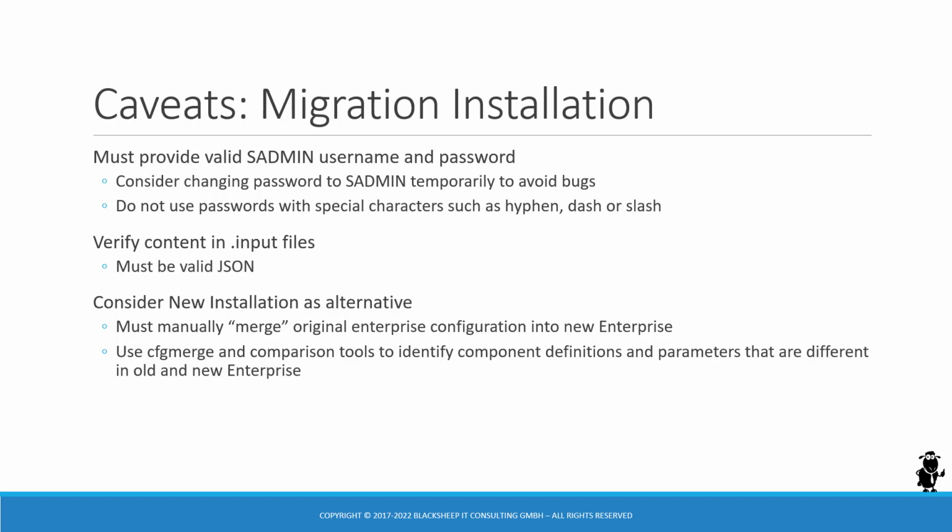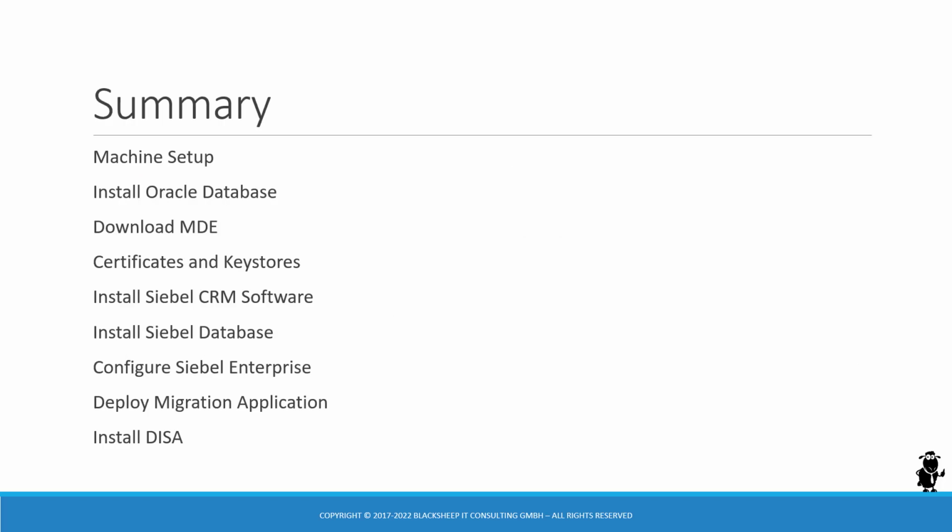There is a utility called CFG merge, and various third-party comparison tools can help you identify your custom component definitions and customized parameters that are different from a vanilla enterprise setting. And then you can create, as the CFG merge utility, for example, does, input files for the server manager command line to put your new enterprise that you have created from scratch into the shape that you need.